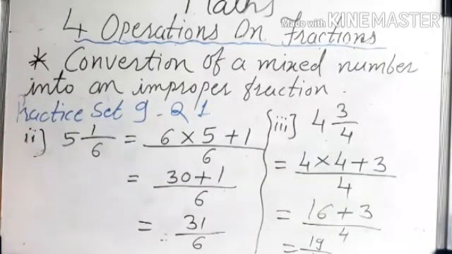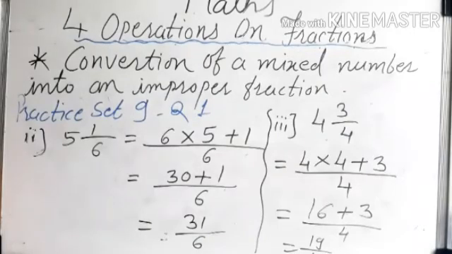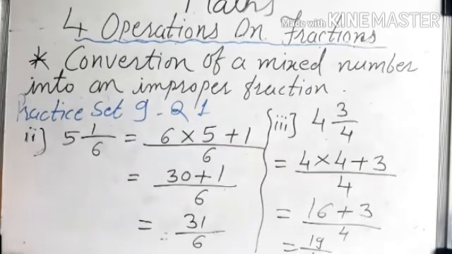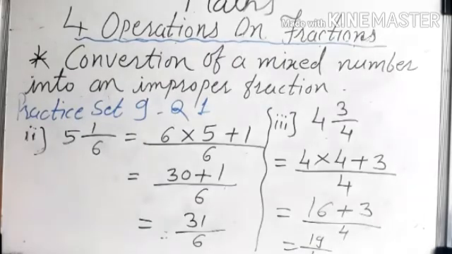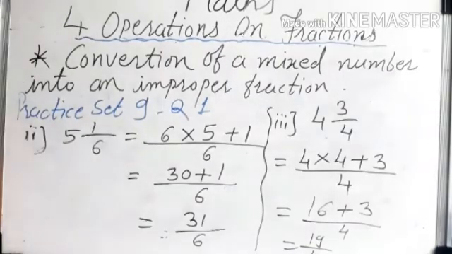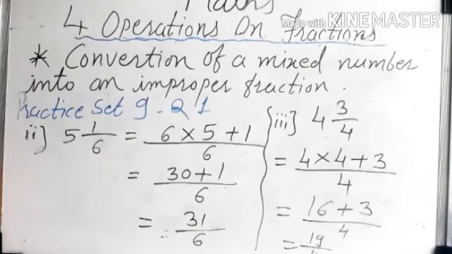Okay. So the first 3 examples of practice set 9, question 1, I have solved. Only the 4th and 5th remain, that you have to solve. Means all examples you have to solve. 3 examples you can see here, and the remaining 2, that is the 4th and 5th, you have to try. It's very simple. So you have to complete practice set 9, question number 1 and question number 2.